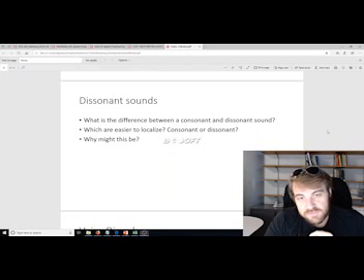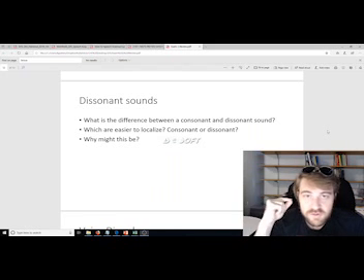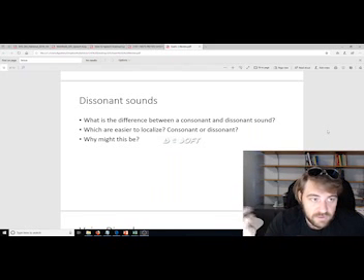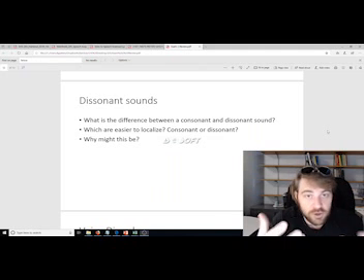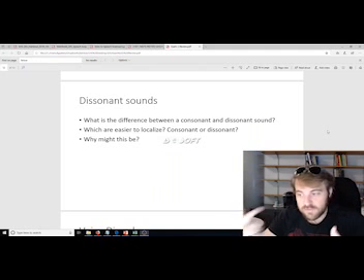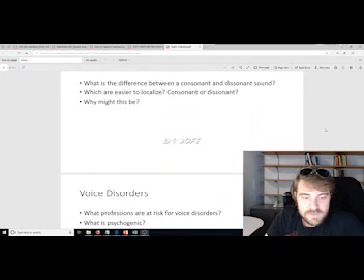So we don't hear a lot of dissonant sounds, and it is possible that we've learned how consonant sounds function. We don't really know how dissonant sounds function, and so because of that, we're not sure how to localize them. That's a totally different thing that we haven't learned through the course of our hearing lives, right?